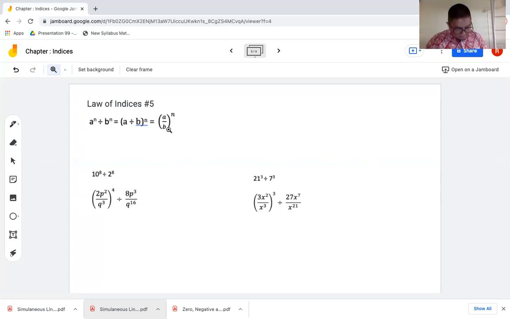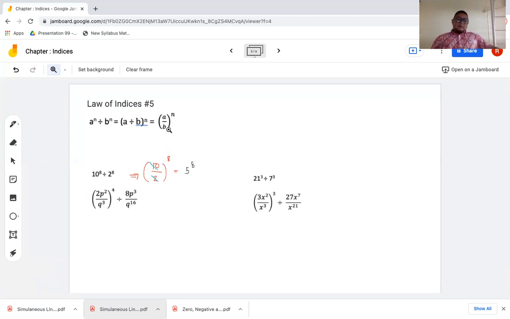So to further explain this, this is what you are going to have if you calculate this. You can rewrite this as 10 over 2 bracket 8, which if you simplify, will give you 5 raised to the power of 8.